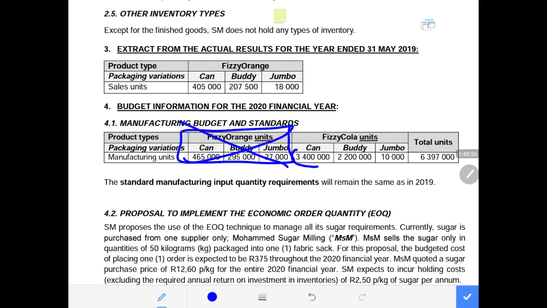Now we need to convert this number of units into liters, which we know we do by multiplying the units by 330. It will give us the total milliliters. We're not looking for milliliters, we're looking for liters, so we divide by 1000. Then we do the same here, times 450 divided by 1000.